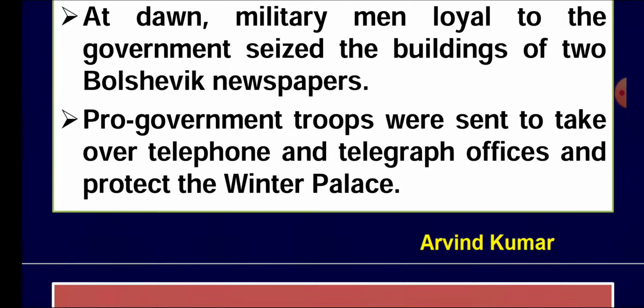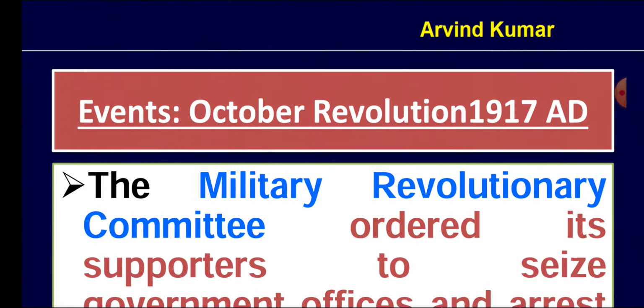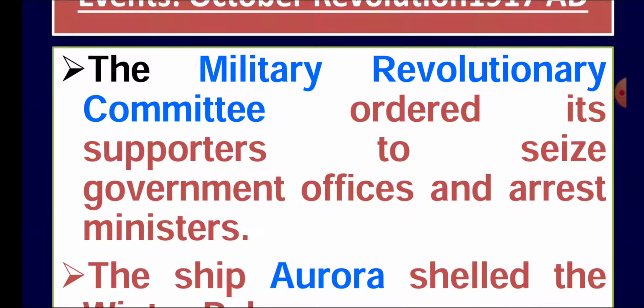Pro-government troops were sent to take over telephone and telegraph offices and to protect the Winter Palace. The military revolutionary committee ordered supporters to seize the government offices and arrest the ministers.